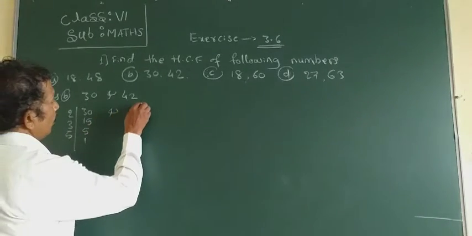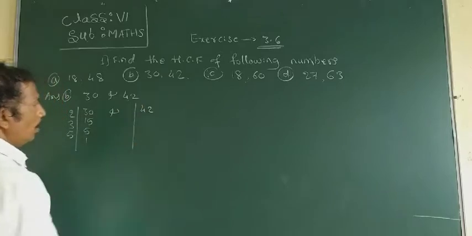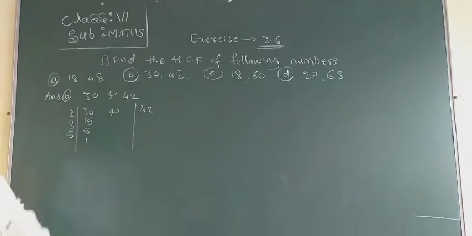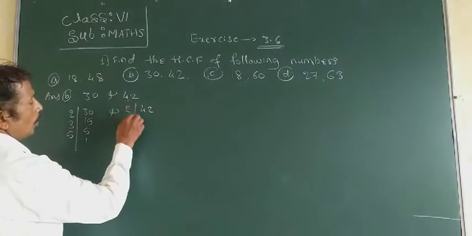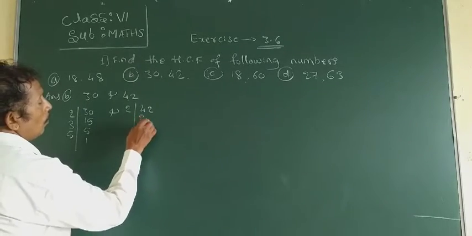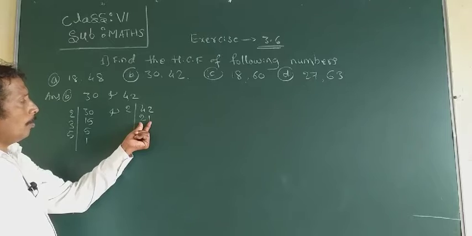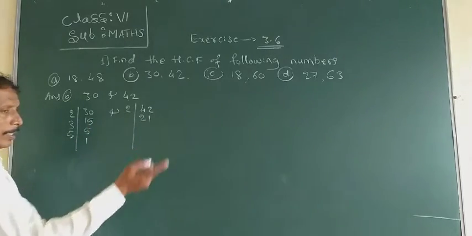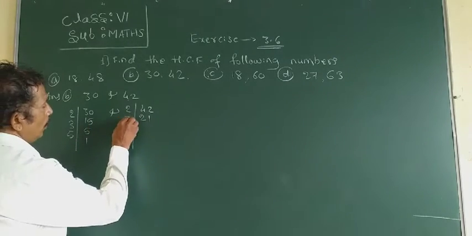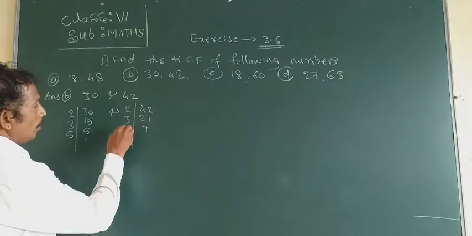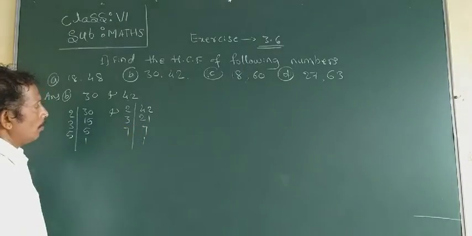And take the second number 42. Divide the second number 42 by the first prime number 2. 2 21s are 42. Now this is 21. We cannot divide 21 by 2. Take the next prime number 3. 3 7s are 21. Then 7 1s are 7.